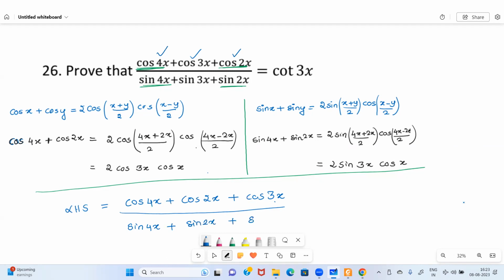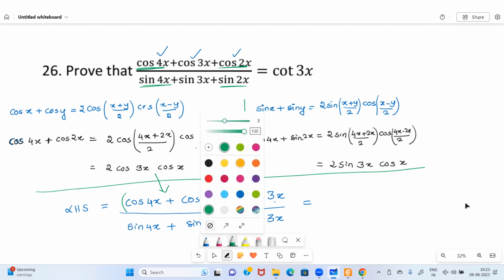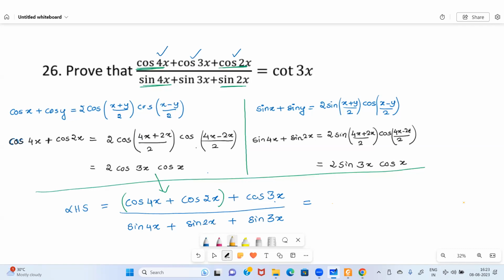Then I will write the middle term, which is sine 3x. Correct. Now what are we going to do? We are going to replace this cos 4x plus cos 2x with what we got here. And similarly, we are going to replace sin 4x plus sin 2x with whatever we got here. Clear, students? So let's do that now.